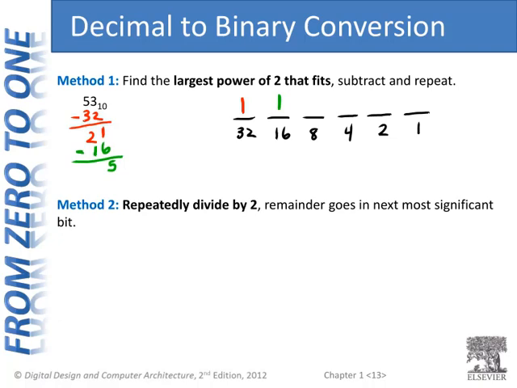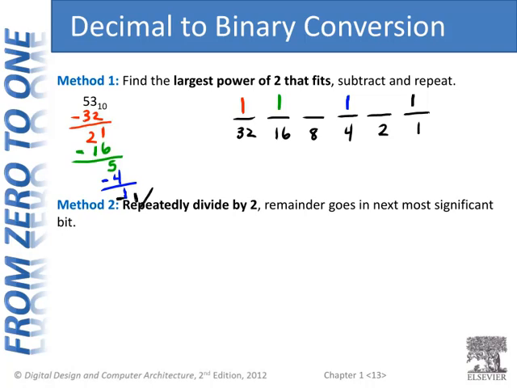Now, the next largest power of 2, well, 8 doesn't fit. 8's too big. But 4 fits. So we'll put a 1 in the 4's place, or the 4's column. And now we have 1 left. And so 2 is too big, but we can put a 1 in the 1's column.